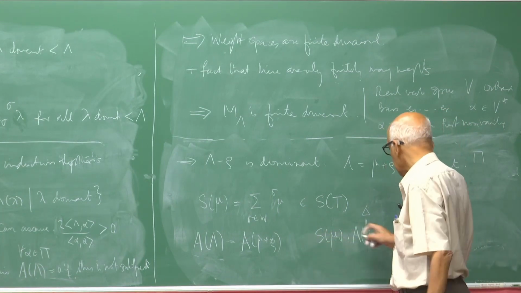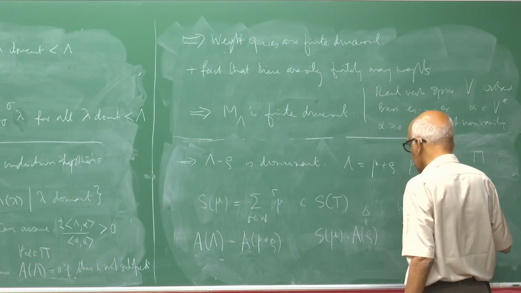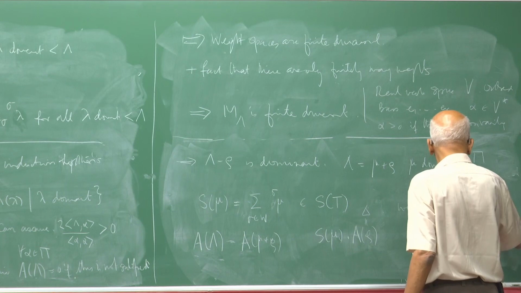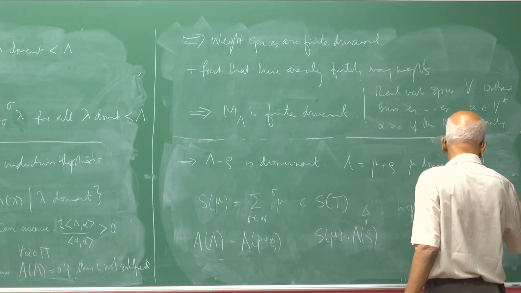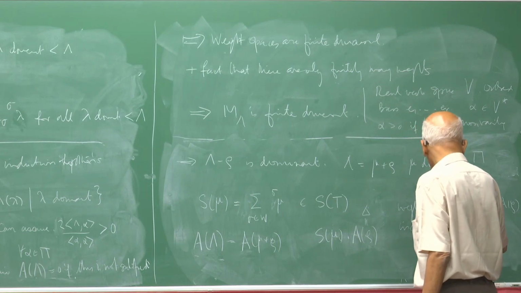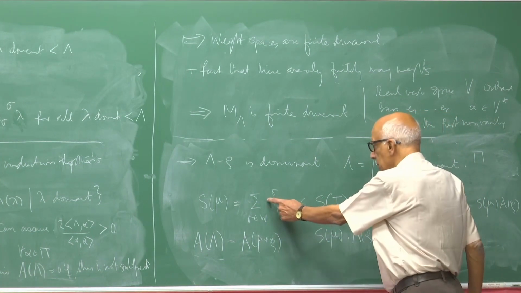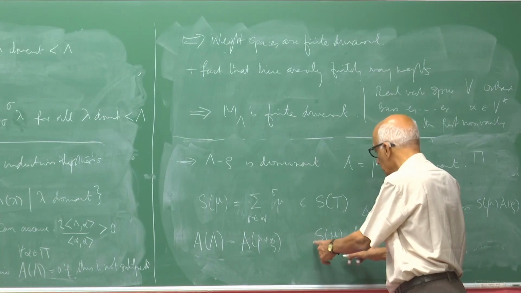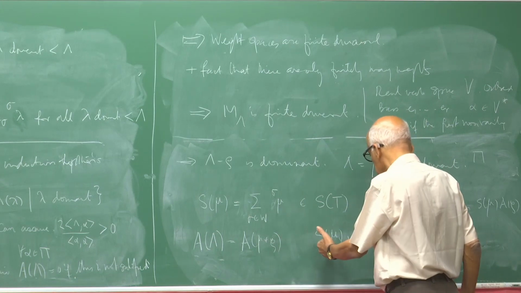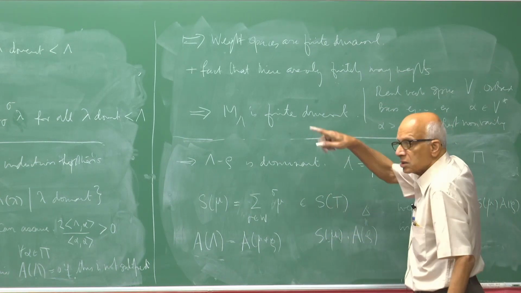Now you see the weights occurring in S mu A rho, when you expand it out, includes mu plus rho. The dominant weight mu will appear, S mu is the sum of sigma mu, and A rho starts off with rho.